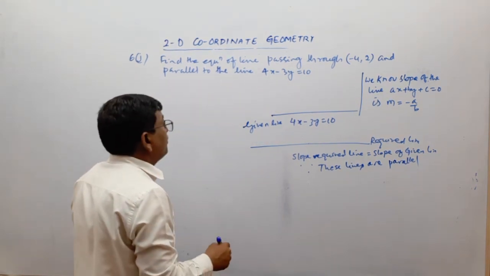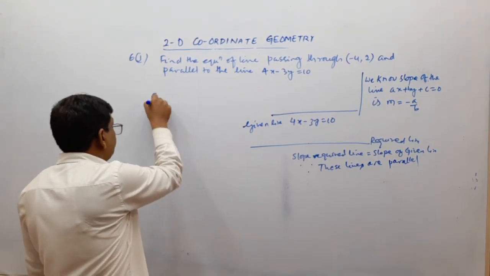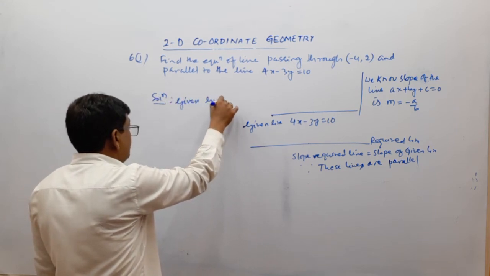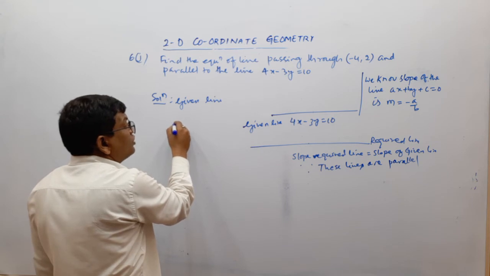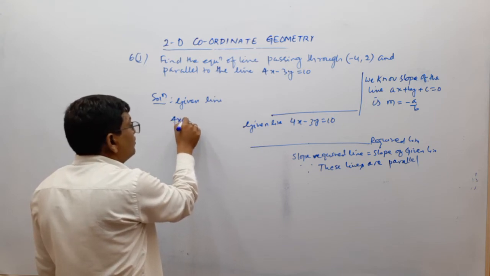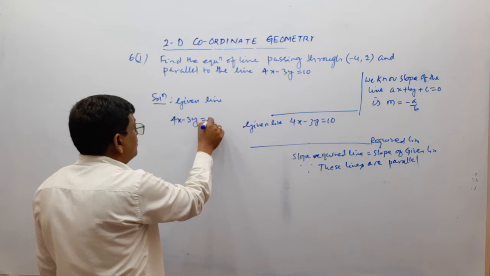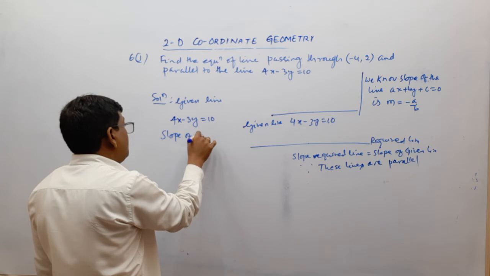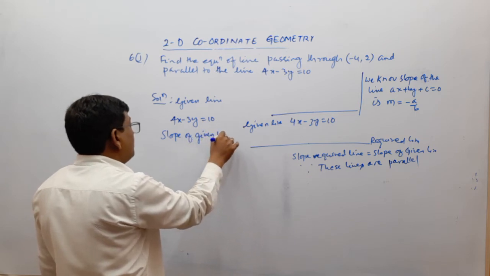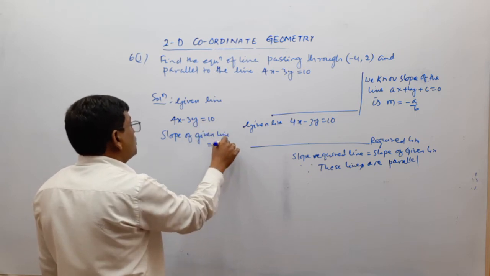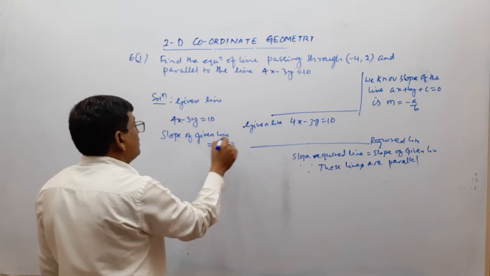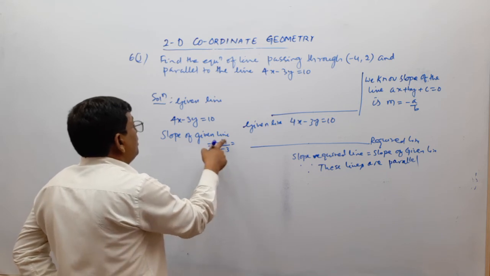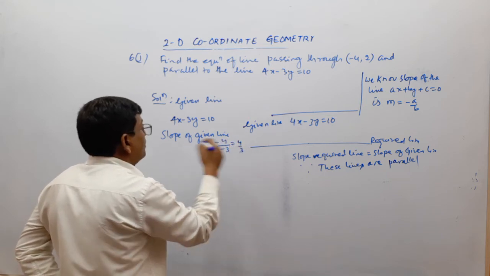Solution: the given line is 4x minus 3y is equal to 10. Slope of given line is minus a by b, that is, minus 4 by minus 3, so this is 4 by 3.